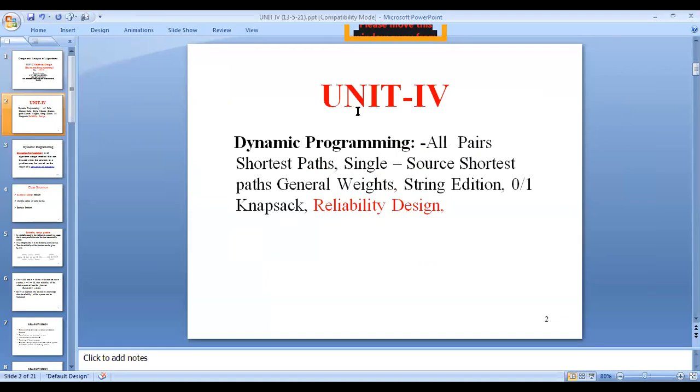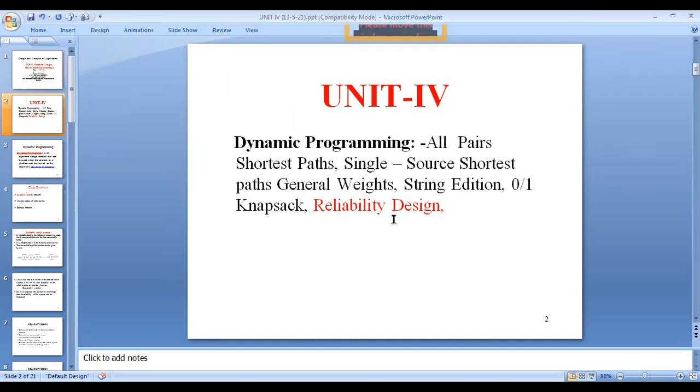In unit 4, we have dynamic programming, all pairs shortest paths problem, single source shortest paths problem, general weights, string addition, 0/1 knapsack problem, and reliability design.